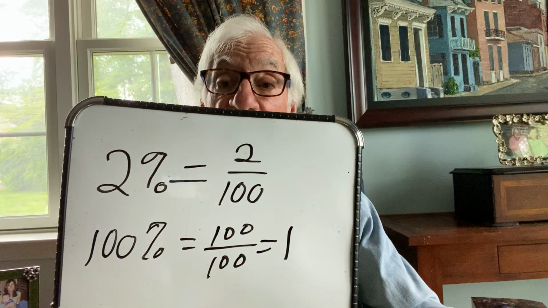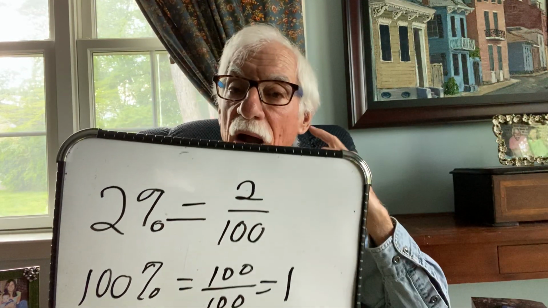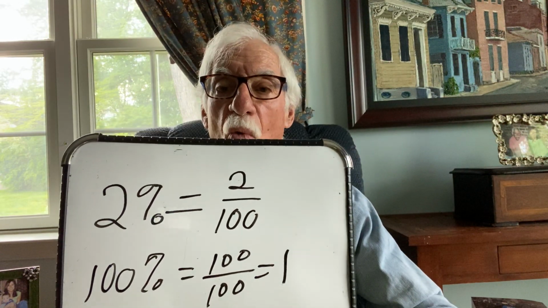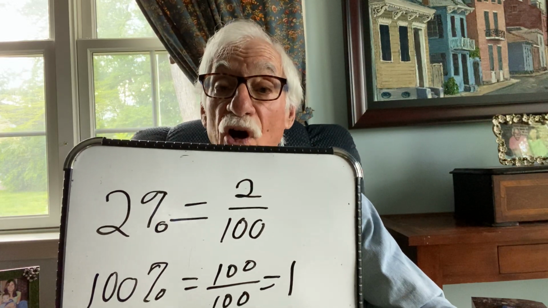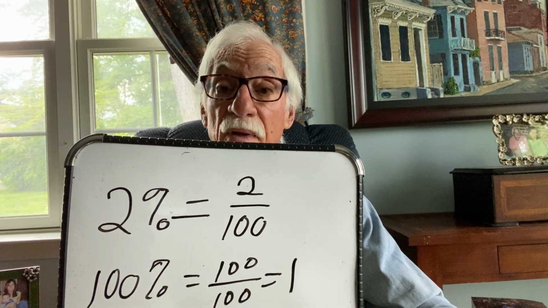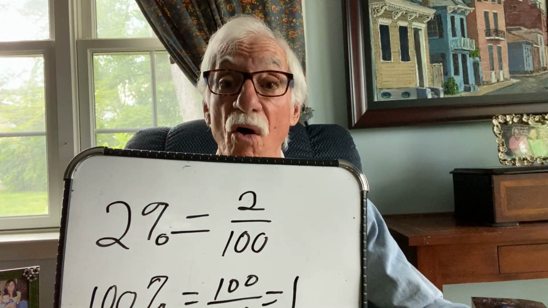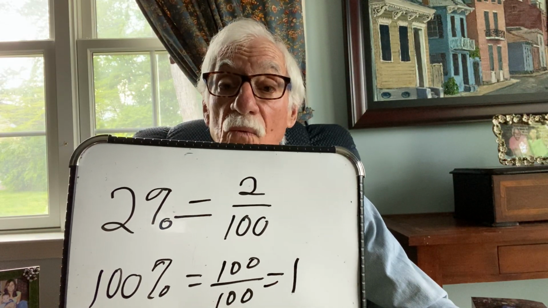So 100% means you have all of it, all of something. It's the whole amount. So if I say 100% of the people walking on Market Street in Leesburg today had coats on because the wind was blowing hard, that means all of the people, 100% of the people on Market Street this morning in Leesburg wore a coat.